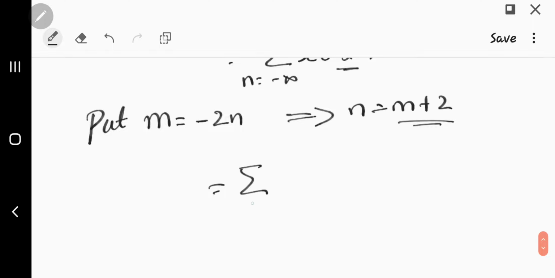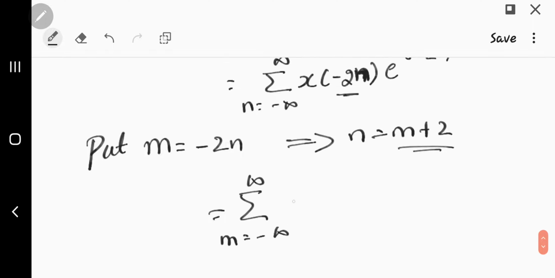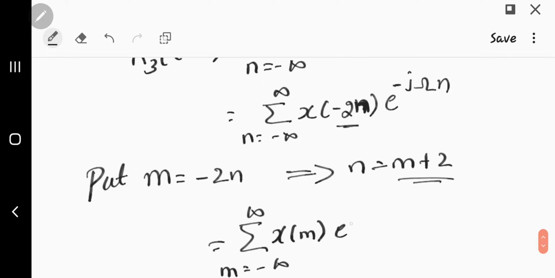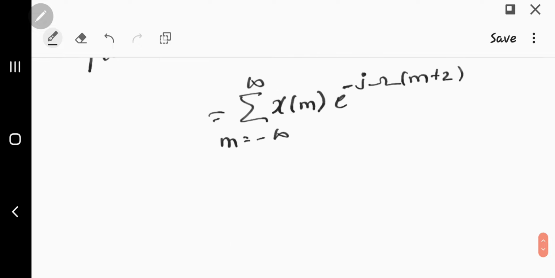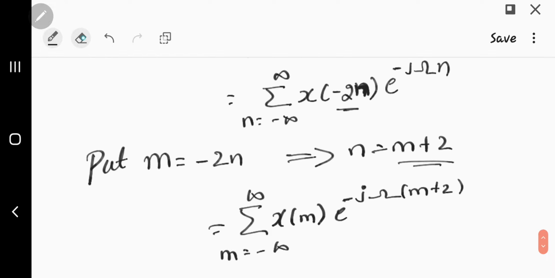So the limit is m is equal to minus infinity to plus infinity x of m e to the power of minus j omega m plus 2. Okay, I think is it m plus 2?